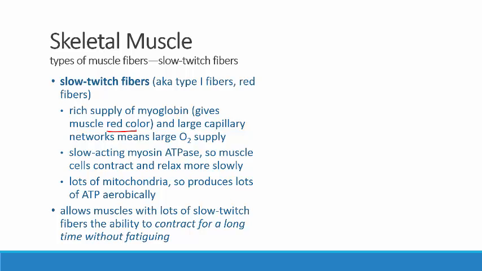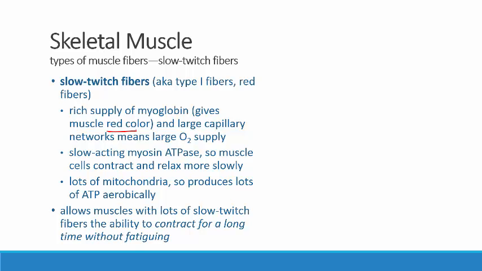We're still talking about muscles here, so even slow is fast, if you know what I mean. So they have a relatively slow-acting myosin ATPase, so that muscle cells contract and relax more slowly than those that have the fast-acting ATPase. And there's lots and lots of mitochondria, so they are capable of producing lots and lots of ATP through aerobic means.